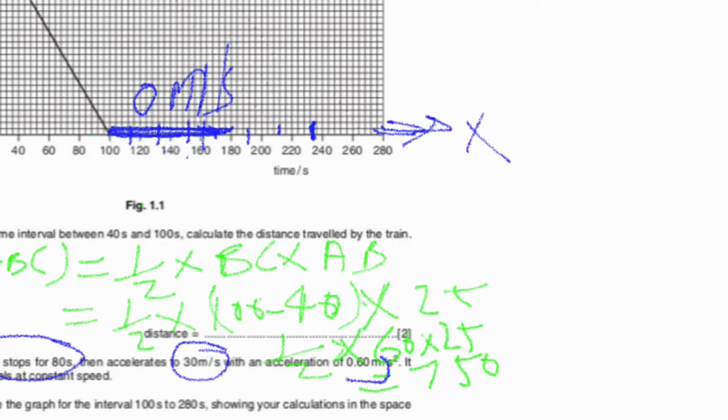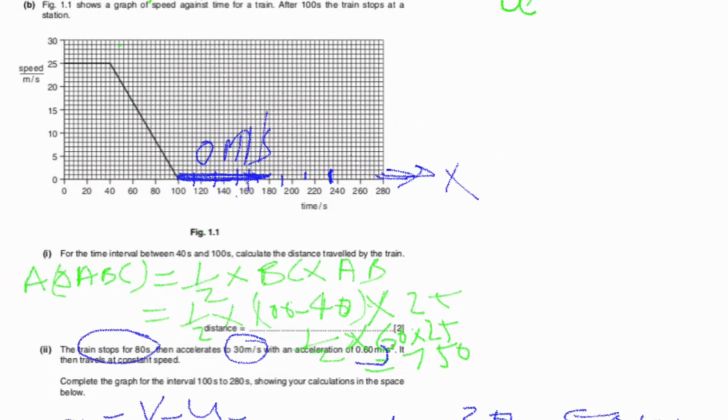So we have to sketch the graph till here, 230. At 230 we take the line up, so it is going till here. We make a line from 180 to here.